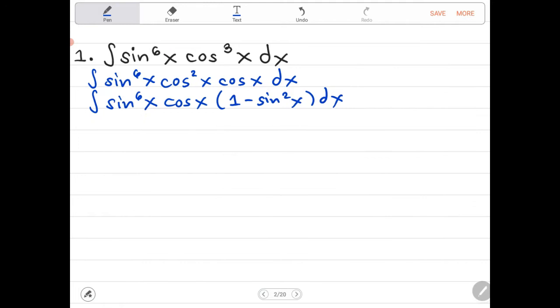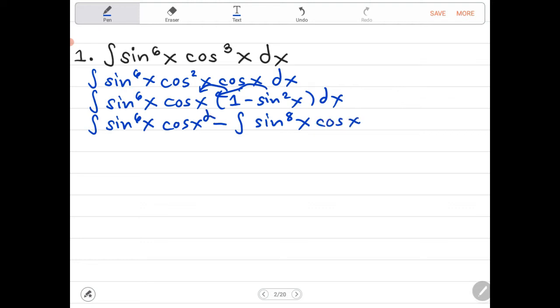Distribute the integral of sine raised to 6x cosine x. So distribute this, no? Then the other one, distribute natin dito. So minus the integral of sine raised to 8x cosine x dx.